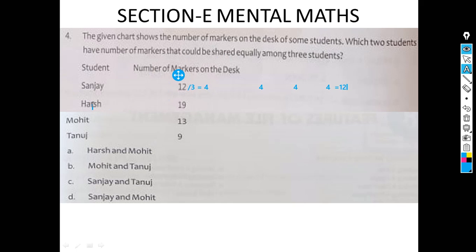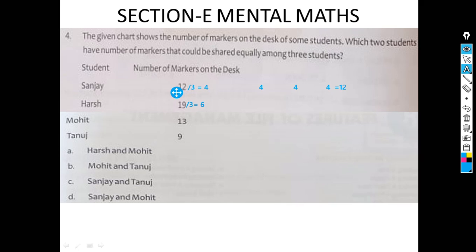And next is Harsh. Let us have a look at Harsh's number of markers. Harsh has 19, so Harsh will divide the 19 markers among 3 students, so he has to divide it by 3. If we divide 19 by 3, as a quotient we will get the answer 6.